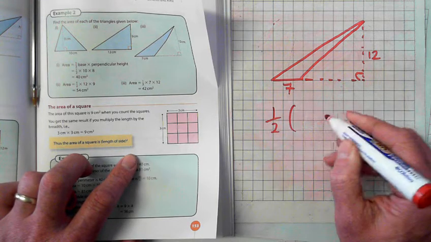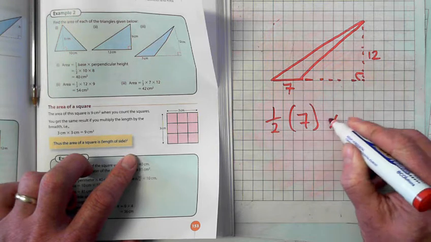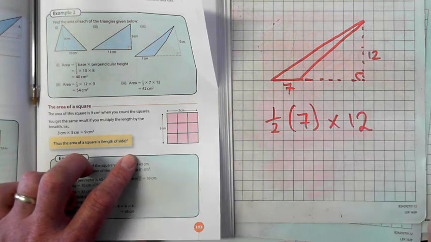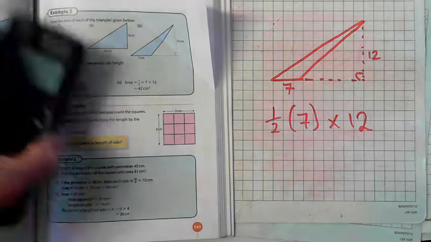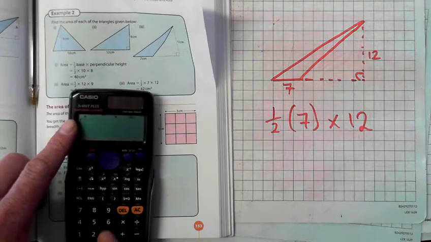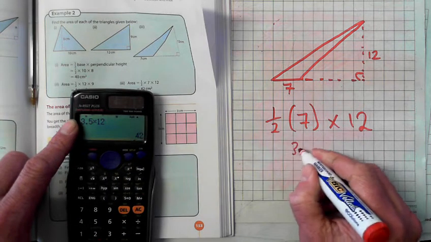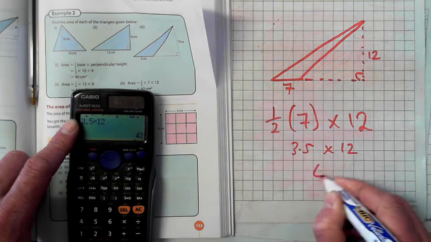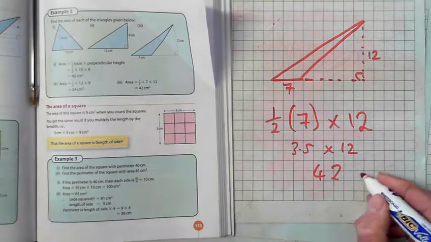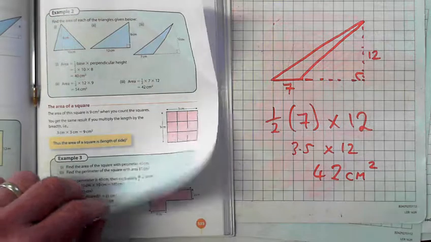Half the base, which is 7, times the perpendicular height, which is 12. So it's half 7 is 3.5. 3.5 times 12 is 42. 42, if it's centimetres, it's centimetres squared.